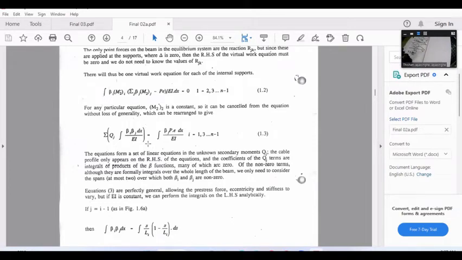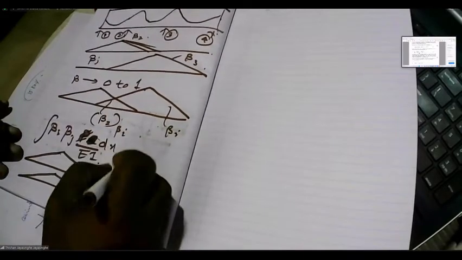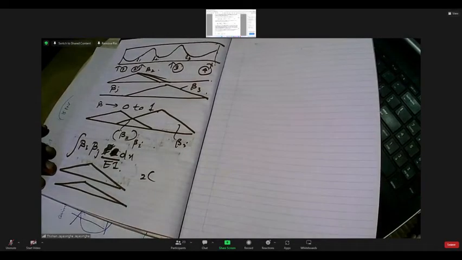So here you get beta j going like this, and beta I going like this at the first support, and the integration of this is this. The distances are L1, L2, L3. So you get this L1, this L2, divided by 6, L1 plus L2. Then the other integration is this one.